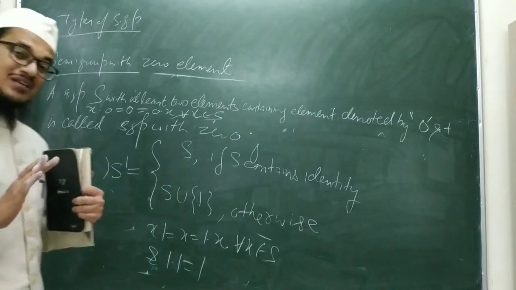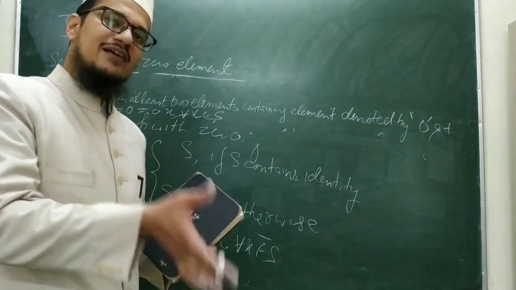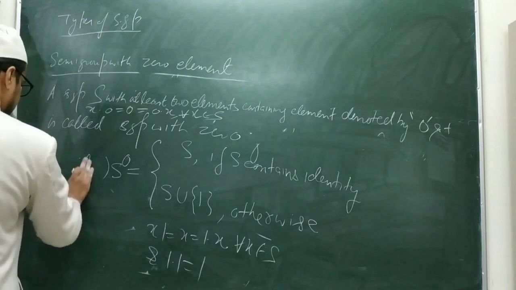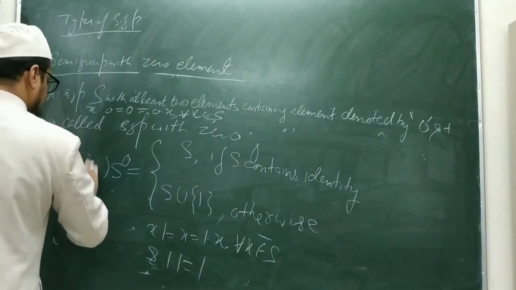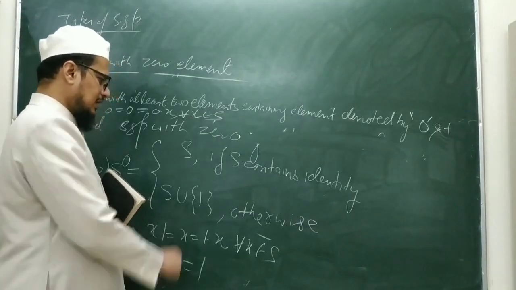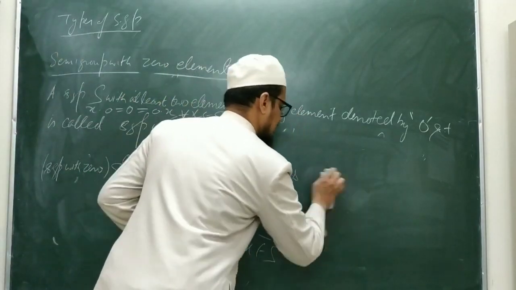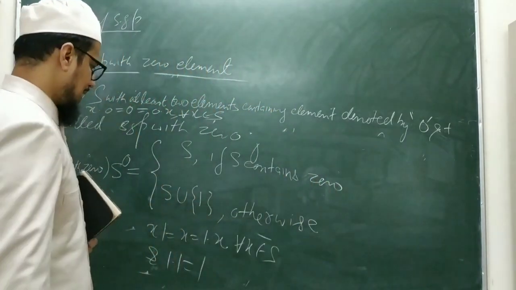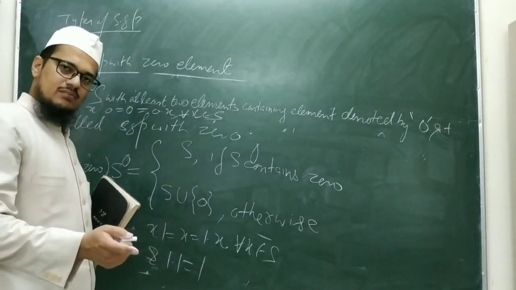Now, if a semigroup does not contain a 0 element, then we again adjoin a 0 element, and we denote it like this: S0, and this is a semigroup with 0. This is equal to S if S contains 0, and this is equal to S union 0 otherwise, we can adjoin it.